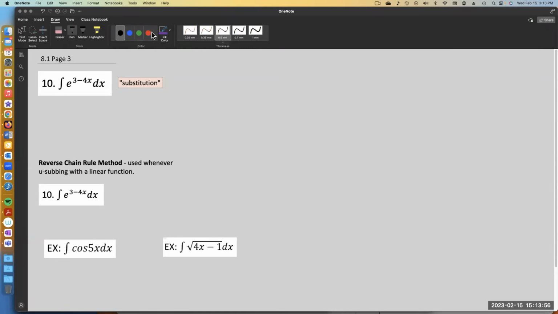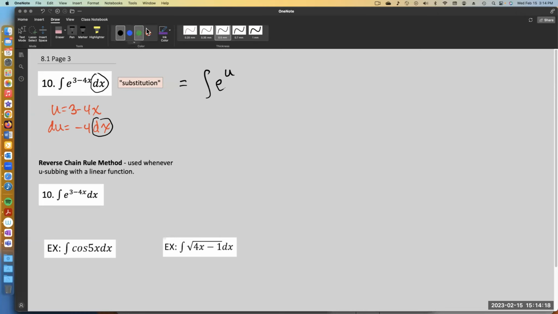But if we weren't going to do RCR, if we were going to do substitution, then we go through this process. We're going to let u be the exponent, and then we're going to take the differential of both sides. And then up here, we're going to rewrite this as e to the u. Now we want to replace this dx.